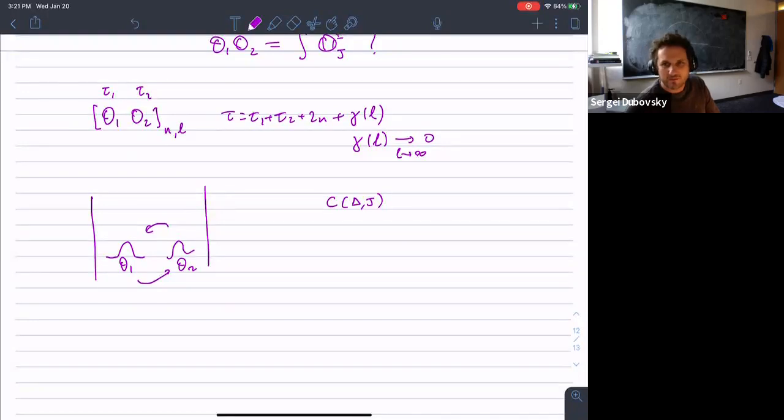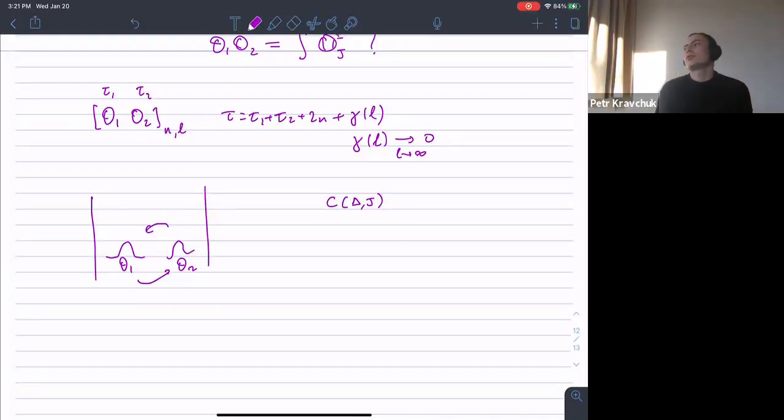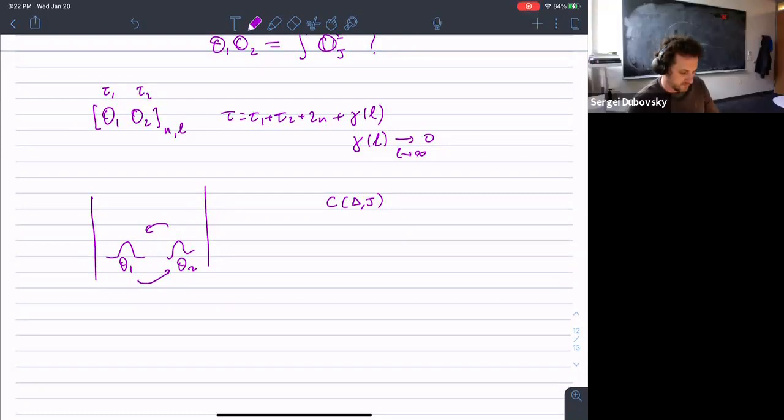Yeah. Well, for single trace operators, as long as you're talking about integer spin, when you say rotating string in AdS, I guess you mean integer spin, because it has to be quantized in this picture. Yeah.